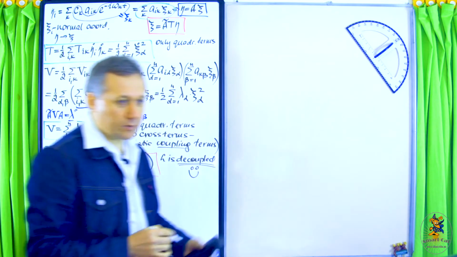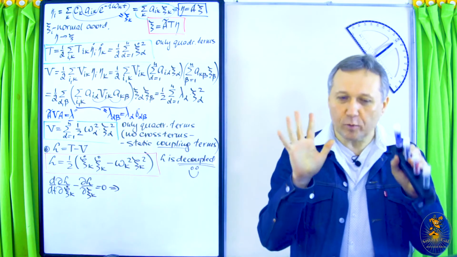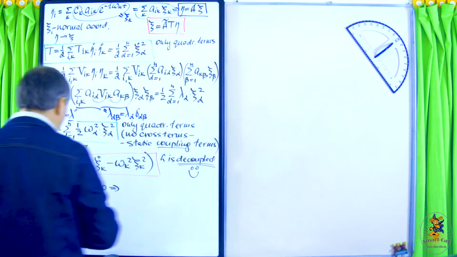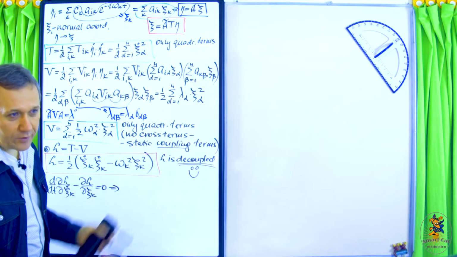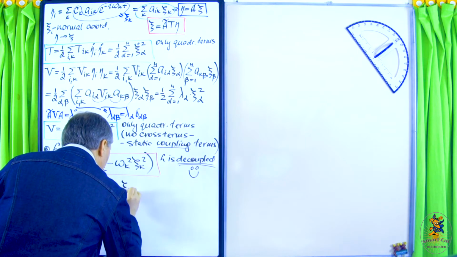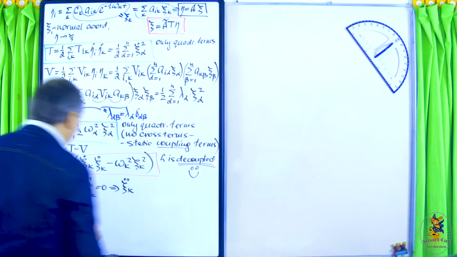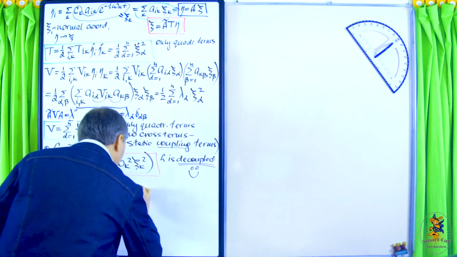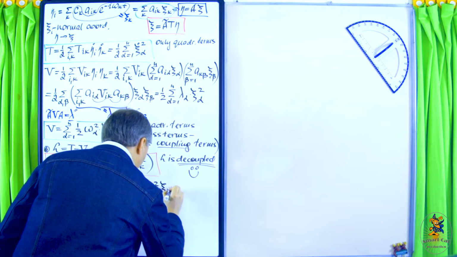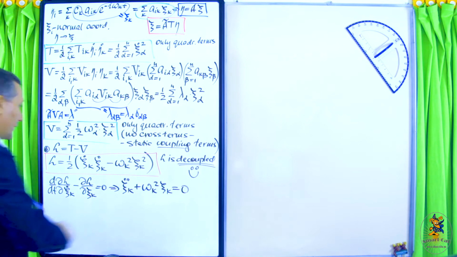So all the second order differential equations are going to be decoupled, of course, right? If the Lagrangian is decoupled, the equations are going to be decoupled. So we can write it as xi k double dot, minus from here, minus from there, plus omega k squared xi k equals 0. Right. Decoupled differential equations.